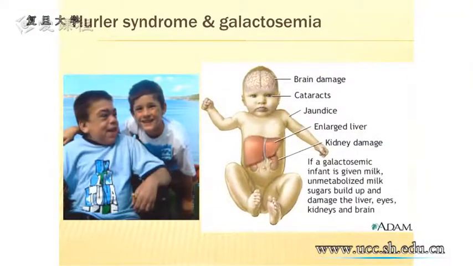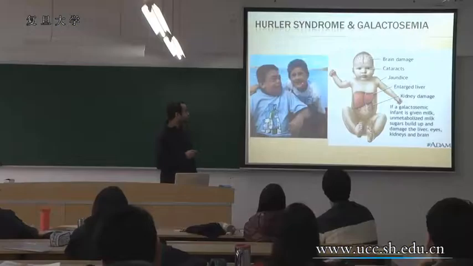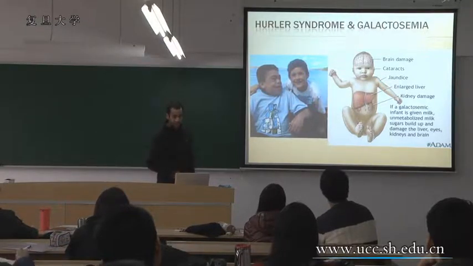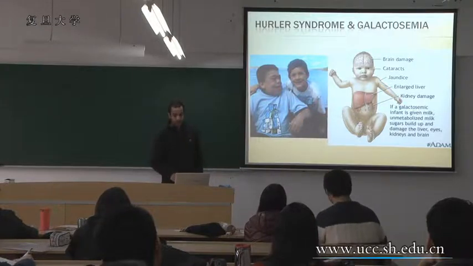These are 2 more. Hurler syndrome, as you can see the face, and that is his brother. Of course, his brother is normal and he's got it. And Galactosemia, something that I think many of us have heard of. So let me first tell you about Hurler syndrome.